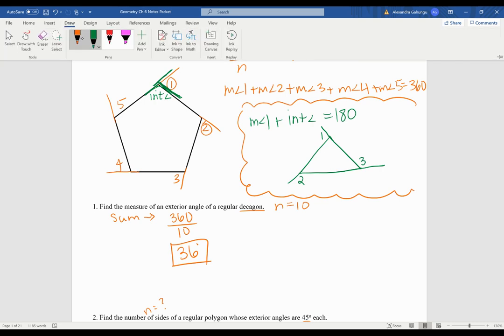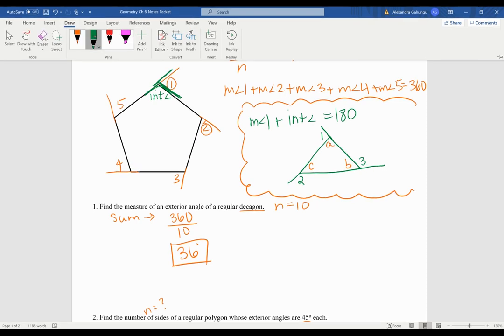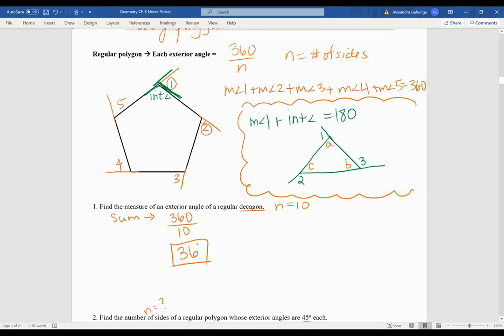And then inside, I've got A, B, and C. If I'm moving between interior and exterior angles, I'm going to know that the sum, and I'm going to put it down here, the measure of angle 1 plus the measure of angle 2 plus the measure of angle 3, those exterior angles are going to add up to 360, no matter how many sides.